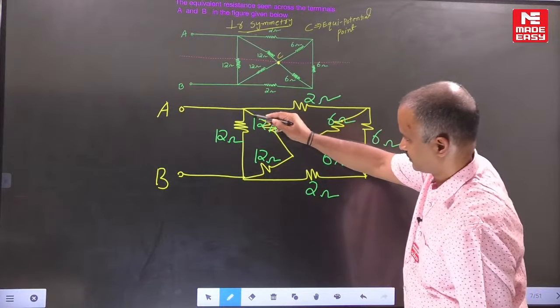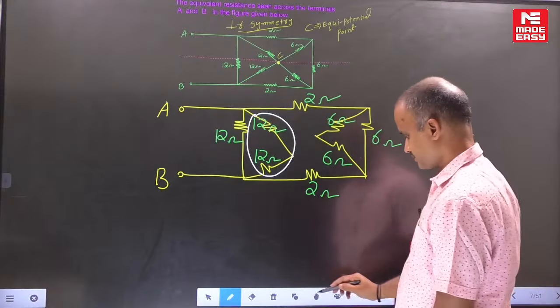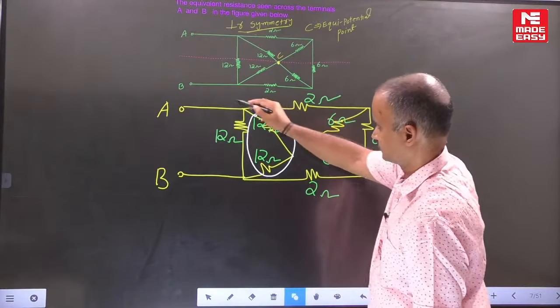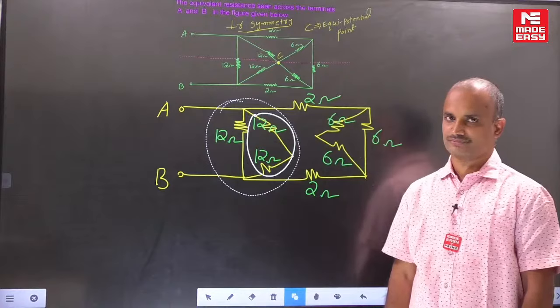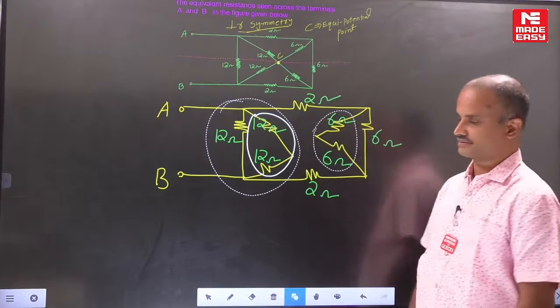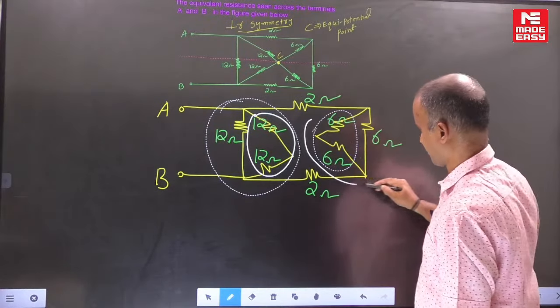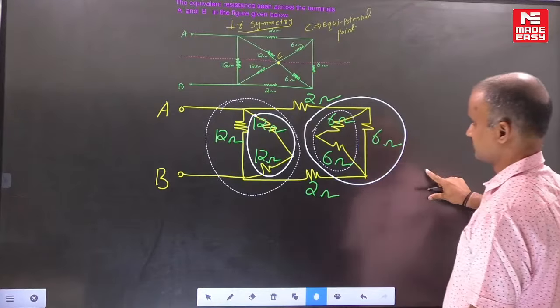Look here. How are this 12 and 12 connected? They are connected in series. The series combination is connected in parallel to this 12 ohms. Similarly here, how are the 6 and 6 connected? In series. The series combination is connected in parallel to 6 ohms. Can you simplify it?